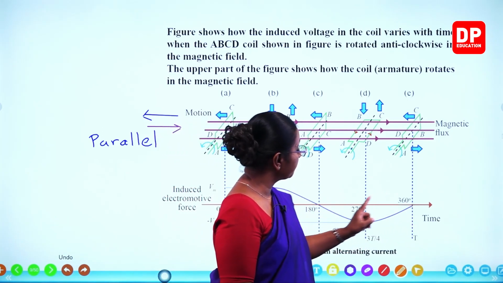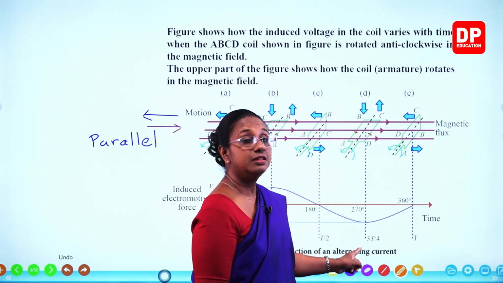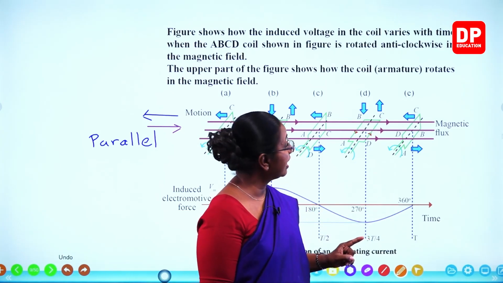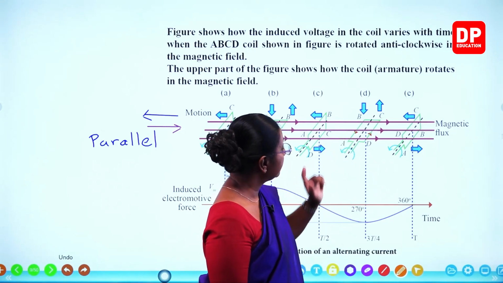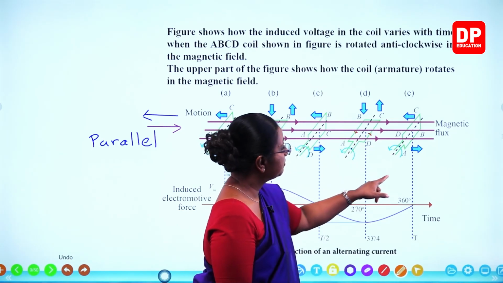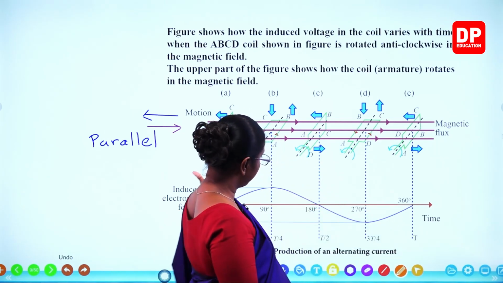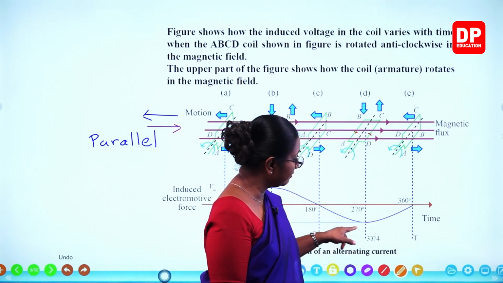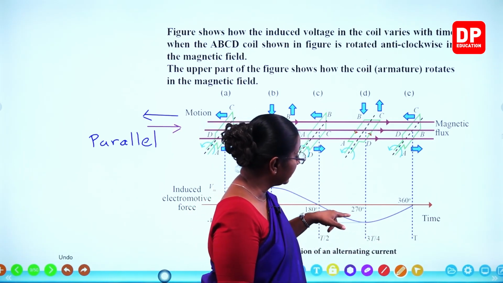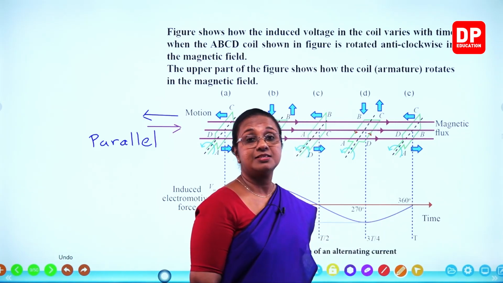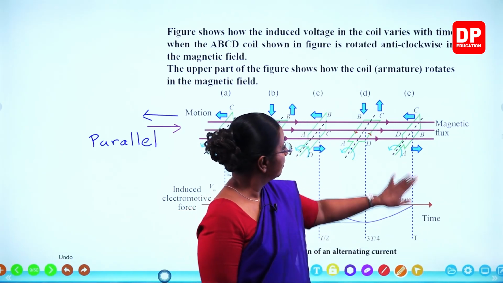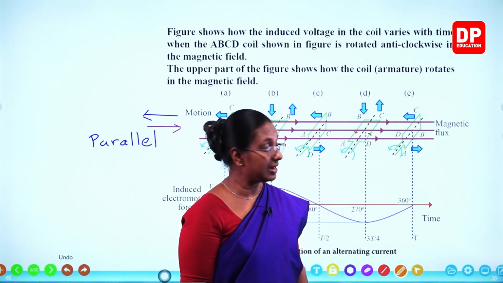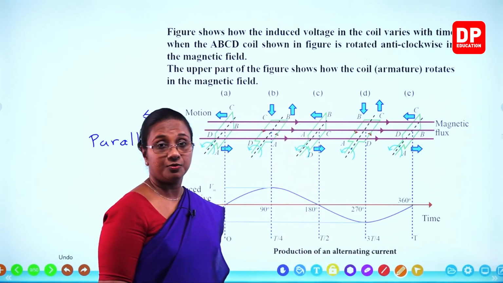Then when it goes from this position D, that is the 3/4 turn, 270 degrees, to the complete turn, 360 degrees, again you can see the magnetic flux is in the opposite direction, as opposed to the previous case, where you have the curve in the negative region. But again, the electromotive force decreases and reaches 0. When the motion and the magnetic field are parallel, again it reaches 0.